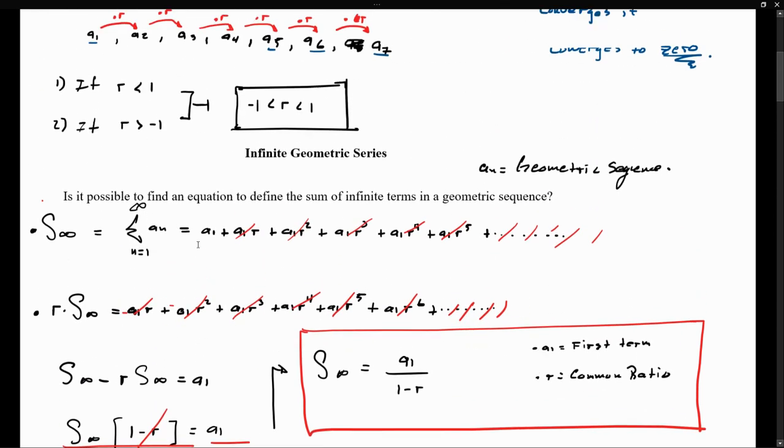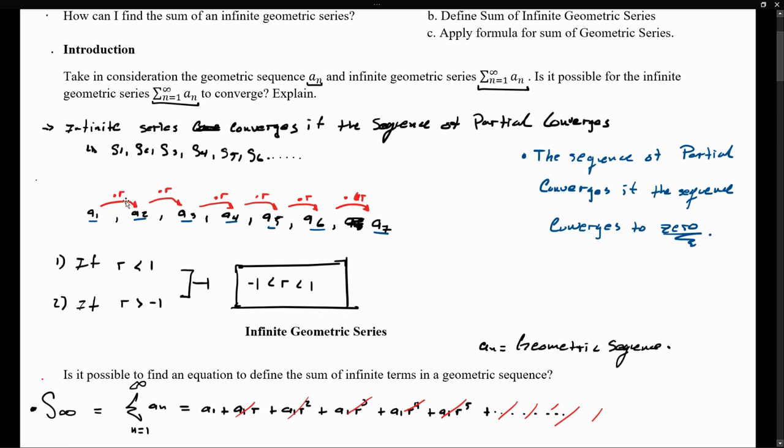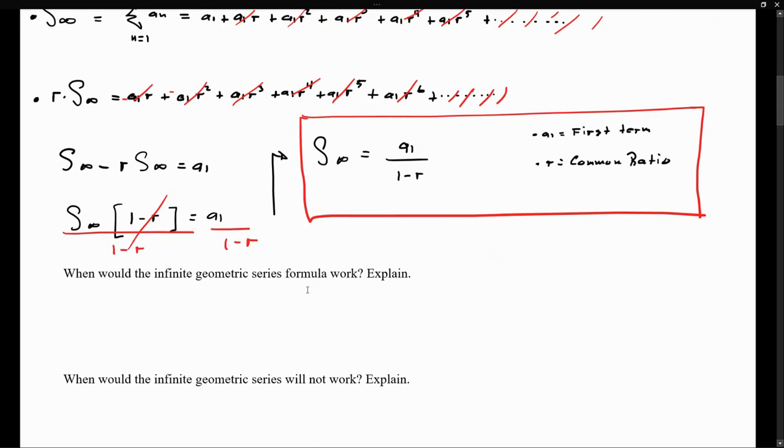Well, if we go back to our introduction, we already answered this question because we stated that for any geometric sequence, the partial sum is going to converge if the value of r is bounded between -1 and 1. So the infinite sum is equivalent to a value if the sequence converges, and the sequence converges only if r is between -1 and 1.